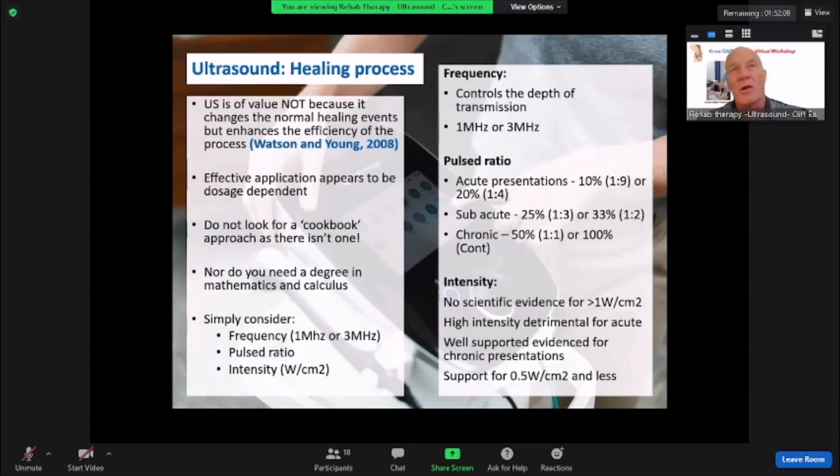So the machine's on for 1 second and then off for 9 seconds. After a couple of days of that, I'll move on to 1 to 4, where it's on for 1 and off for 4. In a subacute stage, I'll choose 1 to 3 or 1 to 2. And in the chronic, that's 50%, so on 1, off 1, or 100% continuous.